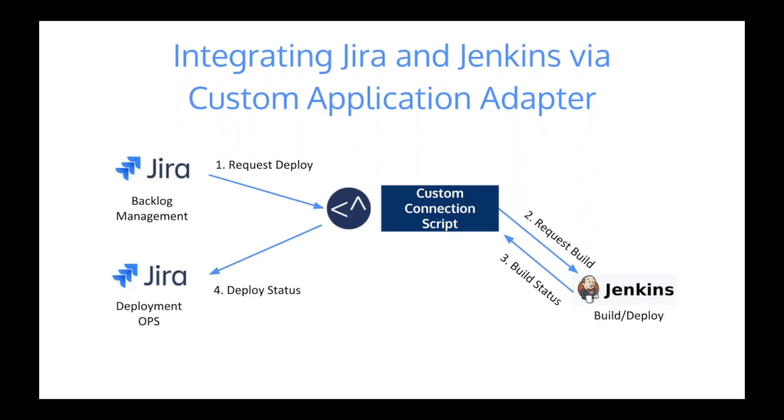To do that, the addition that they would make to that Jenkins script would be that simple REST call. Come up with a JSON payload and send that over to ConnectALL, and that's what's going to be sent over to your destination endpoint like Jira.